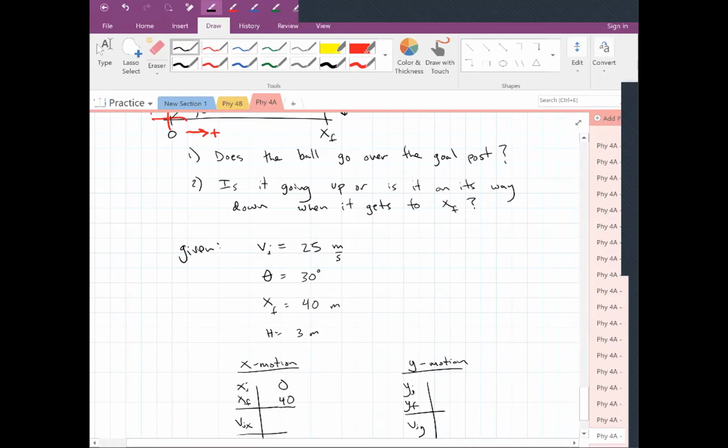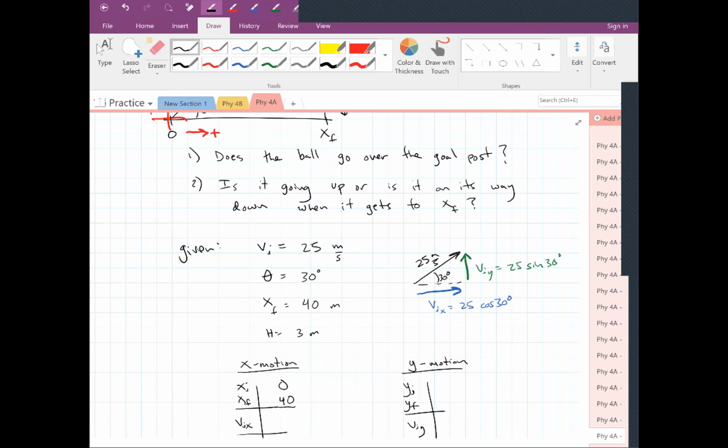And we know that this thing is launched with an initial speed of 25 meters per second. So the X velocity is going to be 25 cos 30 degrees, and the Y initial speed is 25 sine 30 degrees.